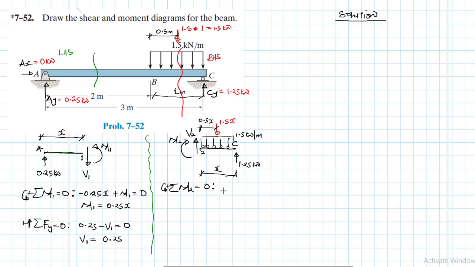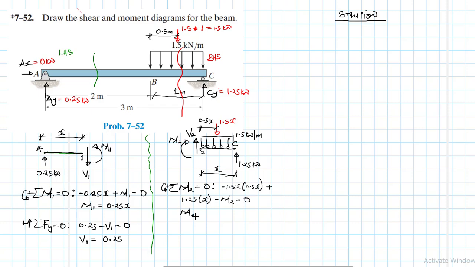What we have is minus 1.5x, okay, times the lever arm, which is 0.5x, and then we have plus 1.5 plus 1.5 times x, and then minus M2 equal to 0.